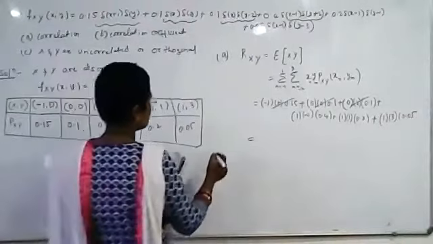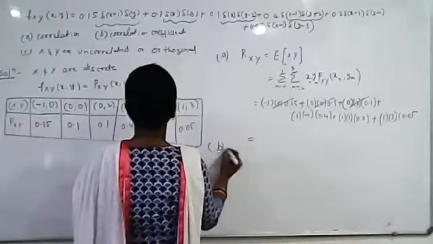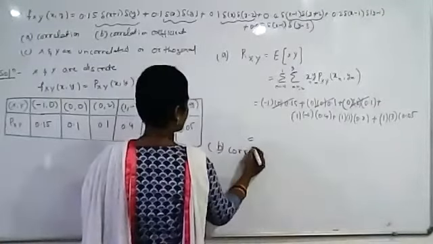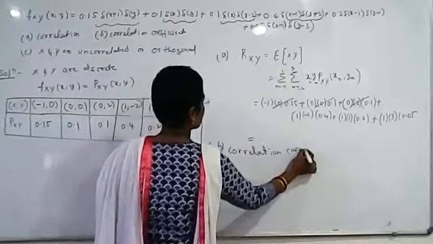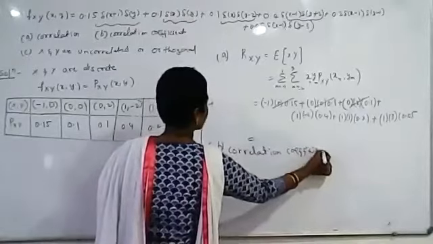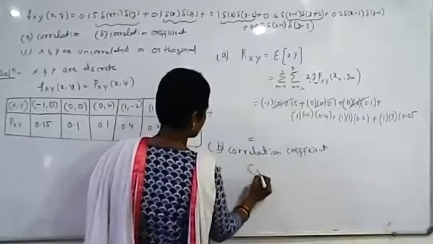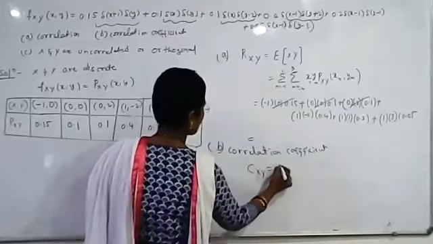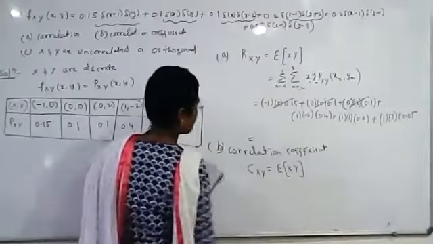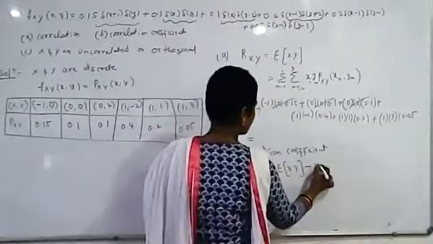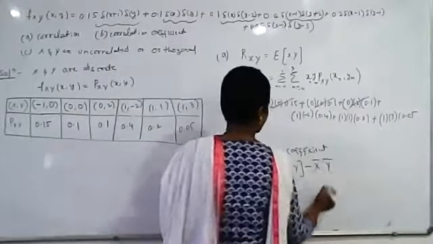Okay. So the next step is to find the correlation coefficient. C_XY is equal to the expected value of XY minus X bar Y bar.